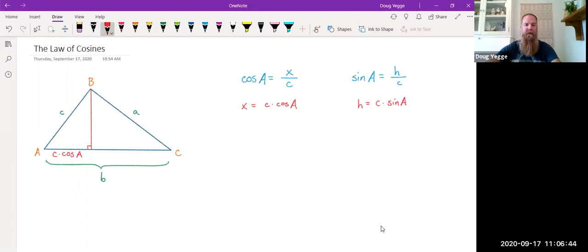And so this should make sense because notice that cosine of A, if I'm starting at, let's say, the origin, cosine of A is the X coordinate, sine of A is the Y coordinate.